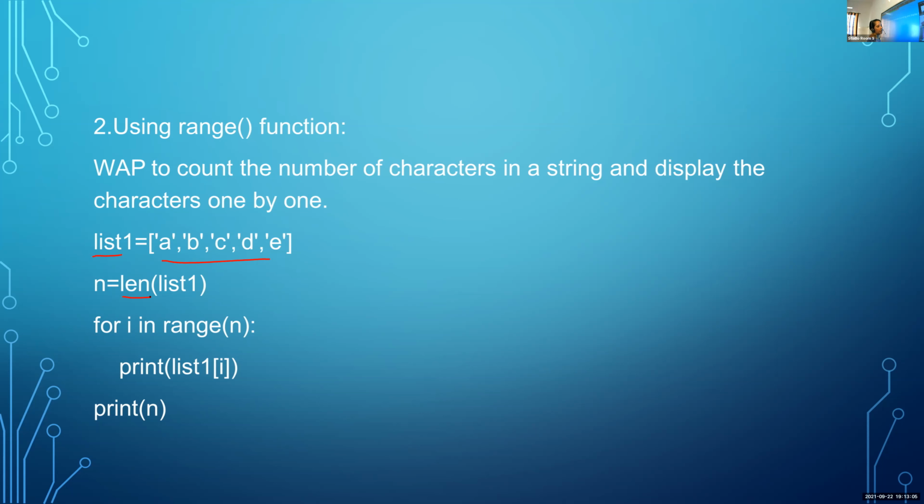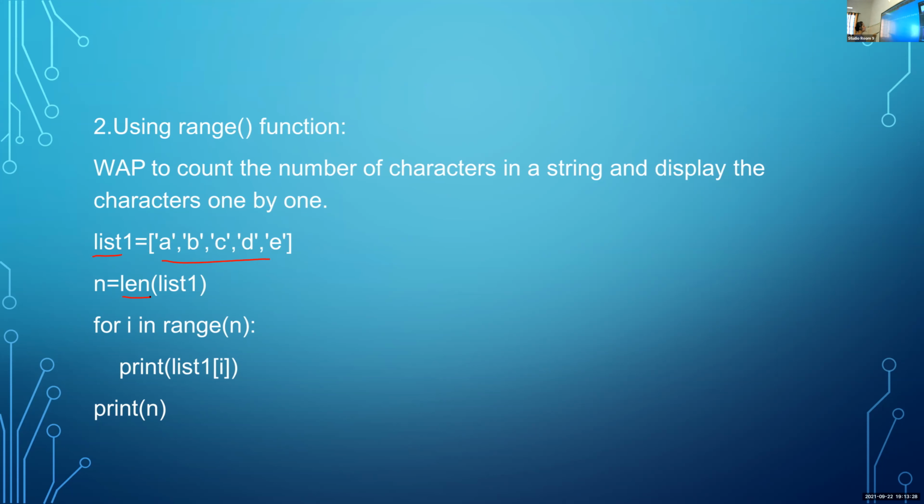So len is a function used to calculate the length of a list. Length means the total number of elements present in that list. Here the total number of elements is 1, 2, 3, 4, 5.